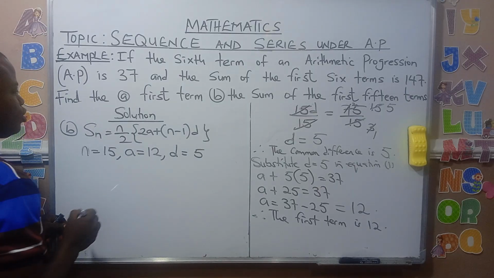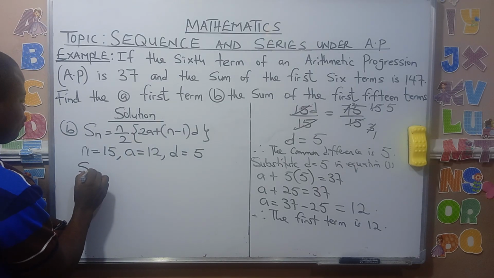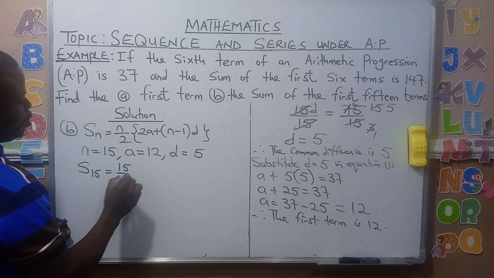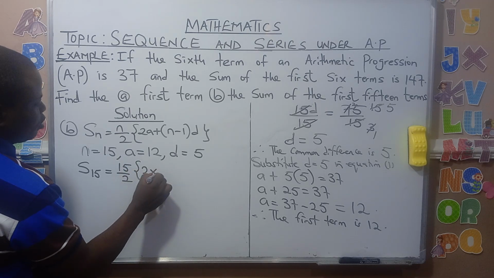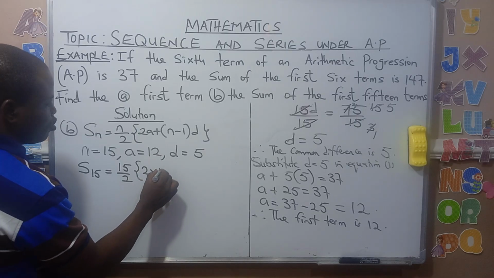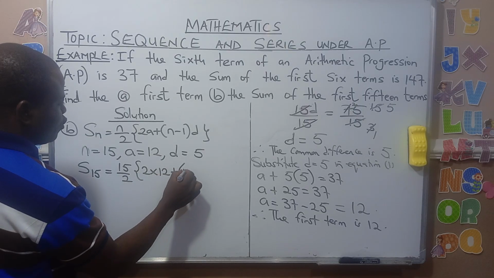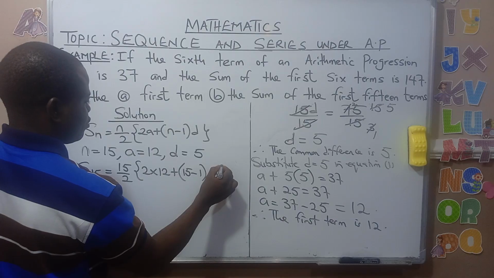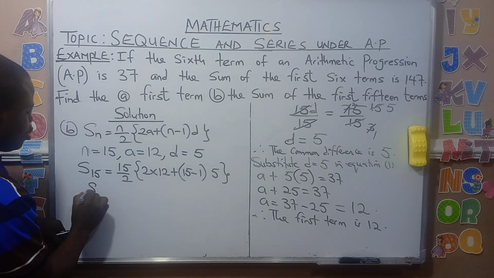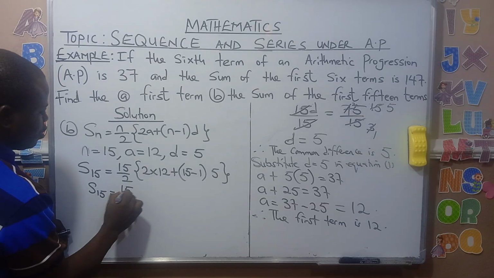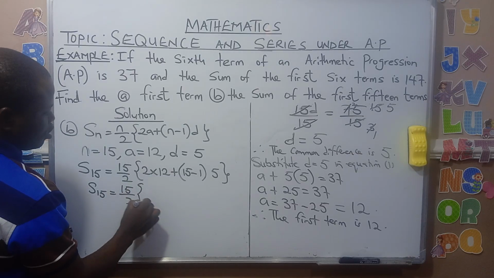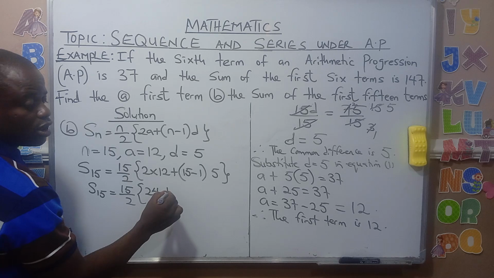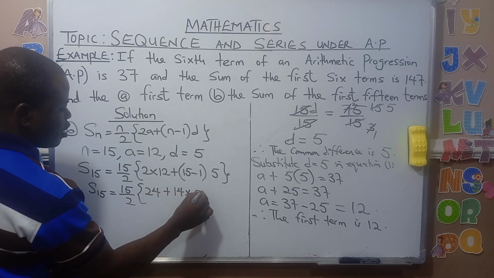You have to substitute these values, and the sum of the 15 terms equals 15 over 2, open bracket, 2 times the first term, 12, plus 15 minus 1 multiplied by 5, close bracket. 2 times 12, that's 24, plus 15 minus 1, that is 14, times 5.